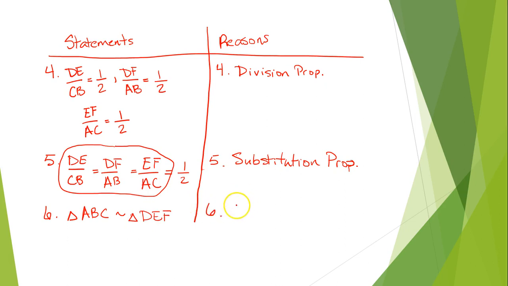And we are done because by side, side, side, we know this to be true. This is the last or second to last statement that you will need to make whenever you are proving two triangles similar by side, side, side. You need to have this proportionality statement showing that all three sides are similar by stating their proportionality statement. And we're done with that one.